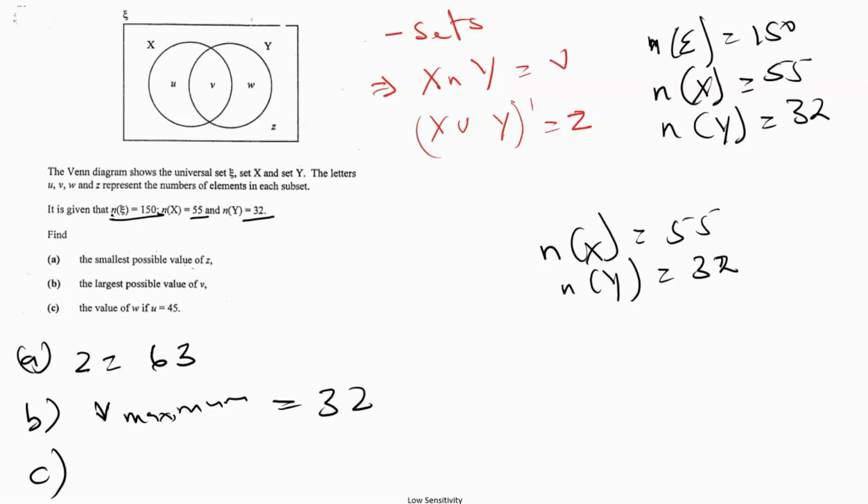And let's look at the last part. So the value of W if U is equal to 45. Right, so what does that mean?